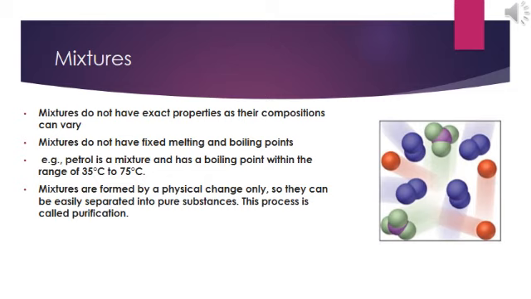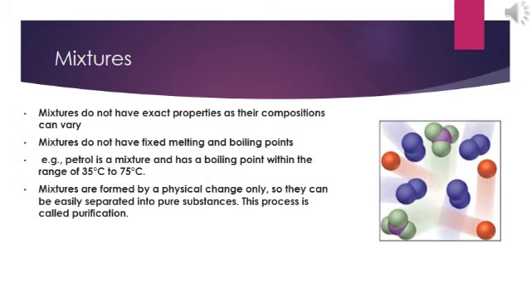If we take an example of a mixture, we can take simply the example of petrol. That is a very well known mixture, and its boiling point will not be fixed. Why? Because its composition varies. So the boiling point is in the range of 35 degrees Celsius to 75 degrees Celsius.